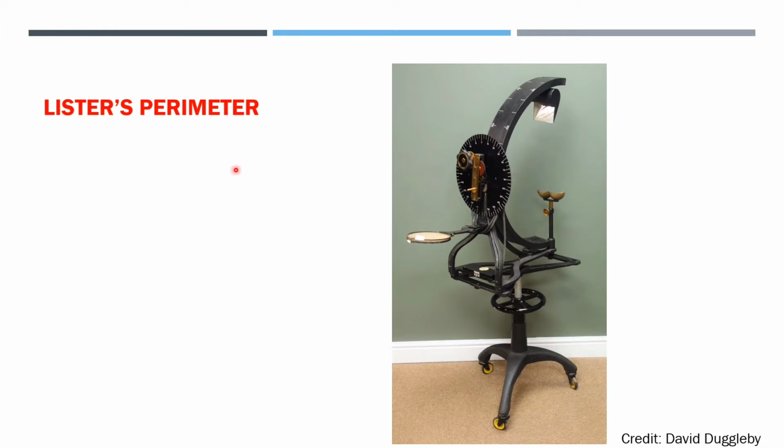So this is another instrument, known as Lister's perimeter. If you compare it with the Priestley-Smith perimeter, it contains the full half arc of the metallic arc. Here the metallic arc is a full half circle, while in the Priestley-Smith perimeter only a quarter of the circle of the metallic arc was there.